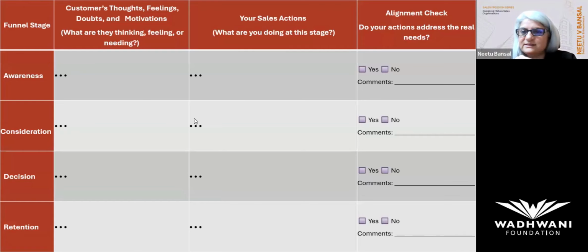Even if the client is not saying they don't trust us, how do I meet the unsaid need of that customer? Trust is definitely one of the major missing gaps I see all the time. Any questions on this, guys?